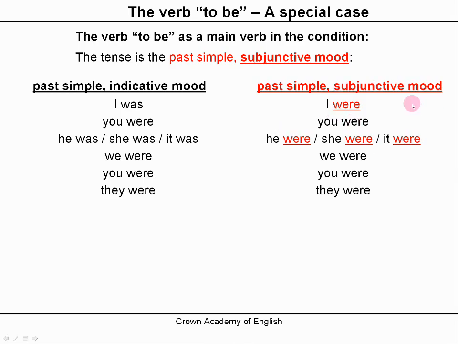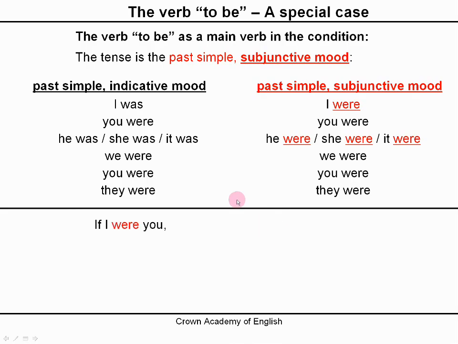So in red, these are the differences when compared to the indicative mood. Okay, so we say I were. So we use this when we are using the verb to be as a main verb in the condition.